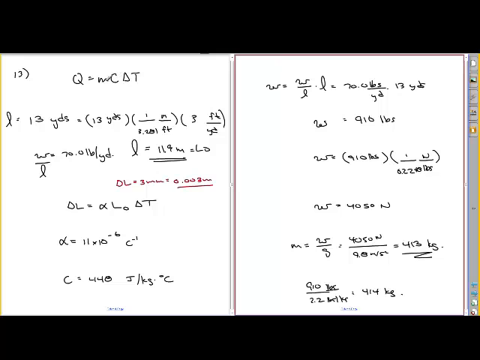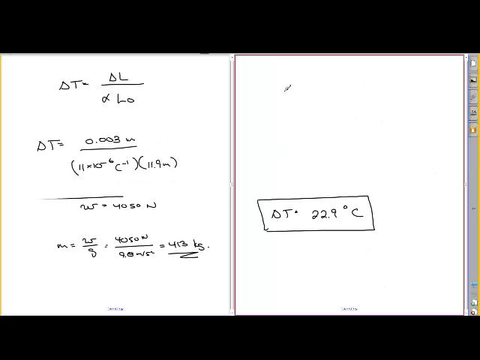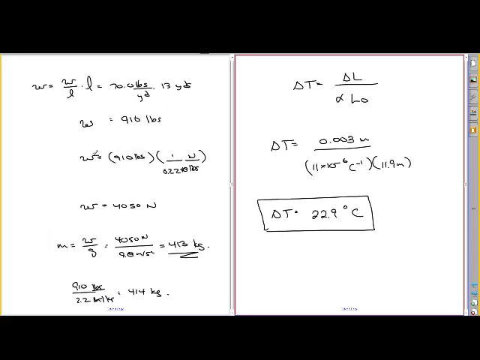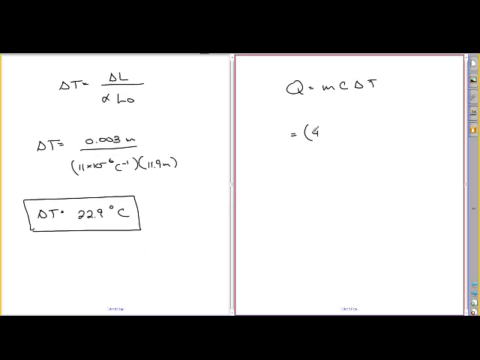Now that we know delta T, we can calculate the heat because we know the mass, and we know delta T. So we're going to say Q, the heat transfer in joules, is mass times C times delta T. The mass was 413 kilograms.